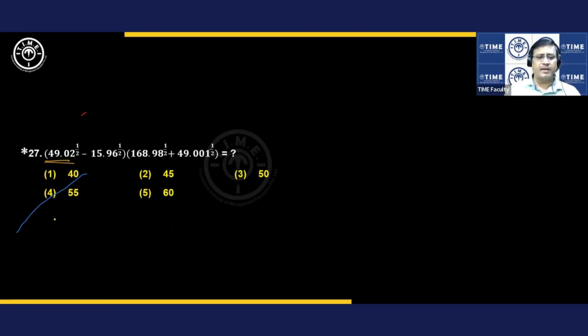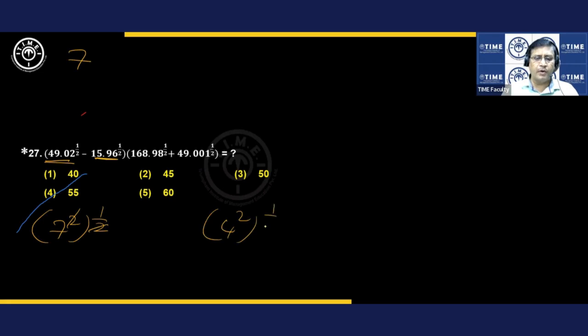49 means 7 square. 7 square whole power 1/2, 2 and 2 get cancelled. That is 7. Here it is 16. 16 means 4 square. 4 square whole power 1/2, that is 4.